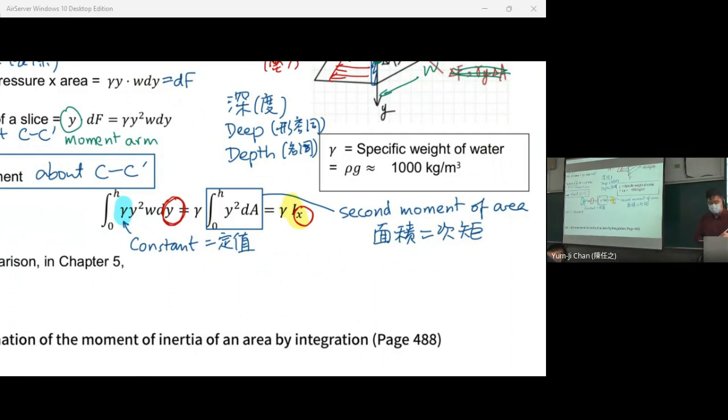If we look back at chapter 5, we have y bar A equal to the integral of y dA. Of course this is y to the power 1. So in mathematics we call this the first moment of area.